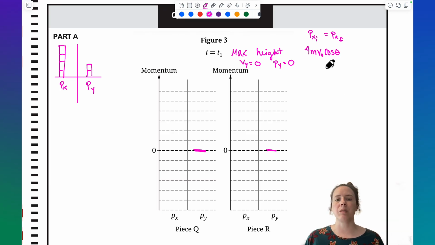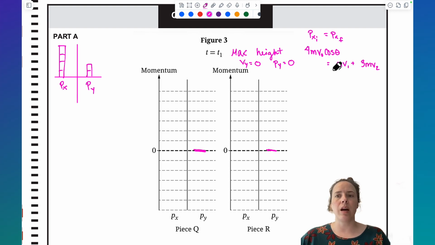So my initial momentum, I've got my mass 4m, and the horizontal component of my velocity, v naught cosine theta. And then I'm going to burst into piece q, who has a mass of m, and piece r, who has a mass of 3m. Now, I'm going to write v1 and v2 for right now.